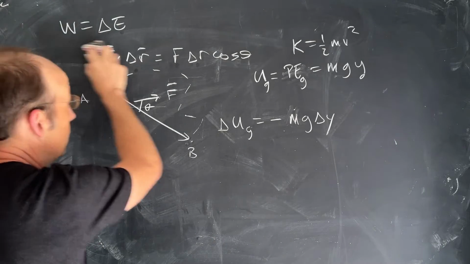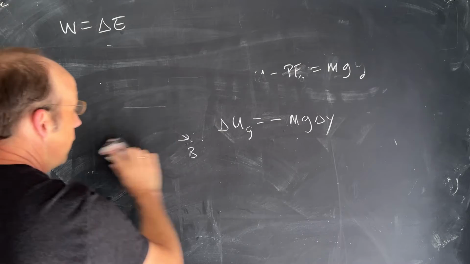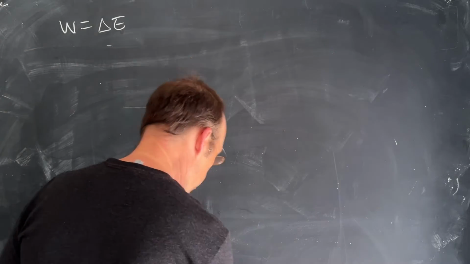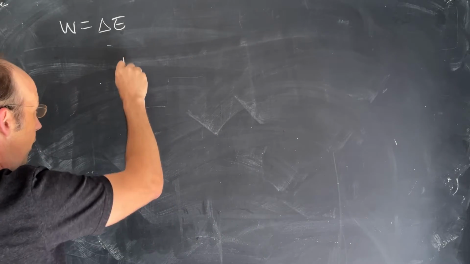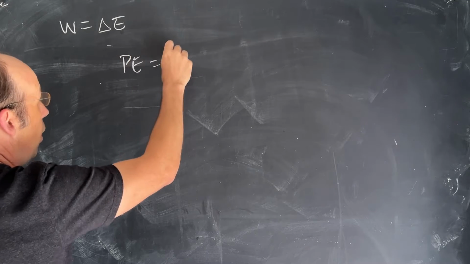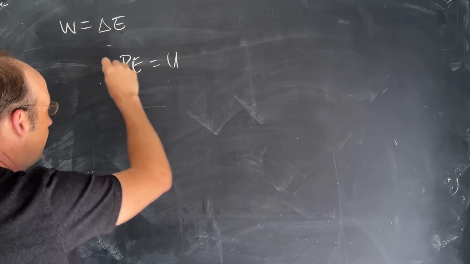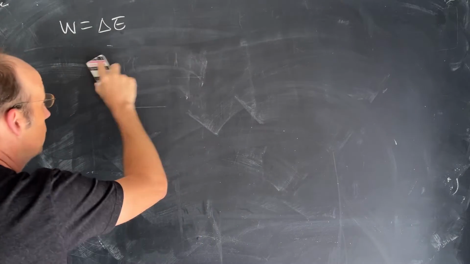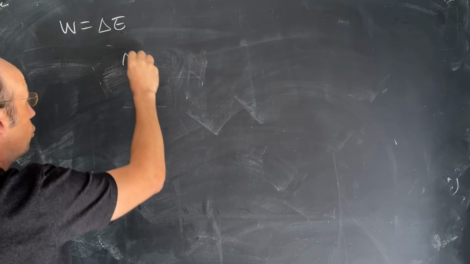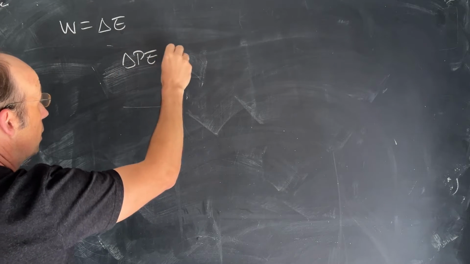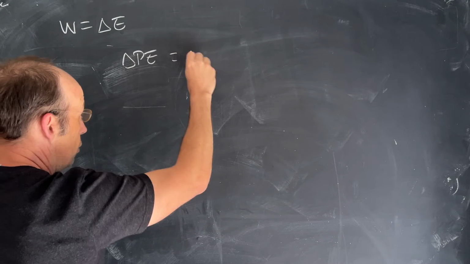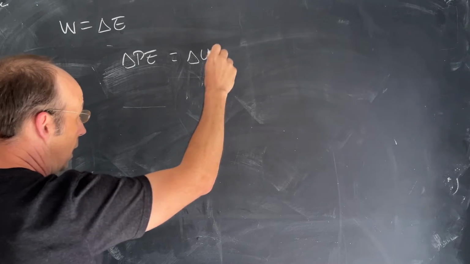So that means I can write the electric potential energy, and the book writes this as PE, or I'll call it U. This is actually a change in potential energy, that's the way I like to write it.